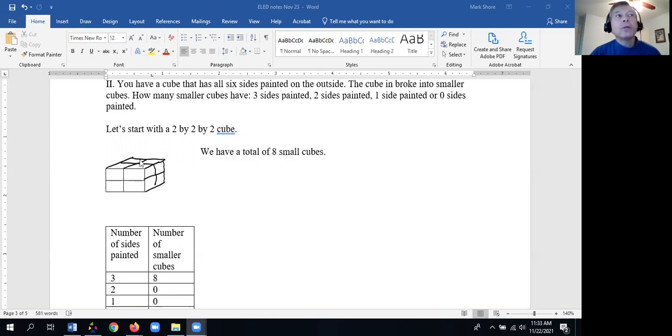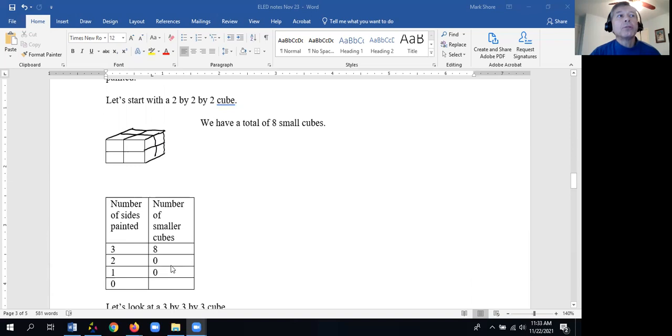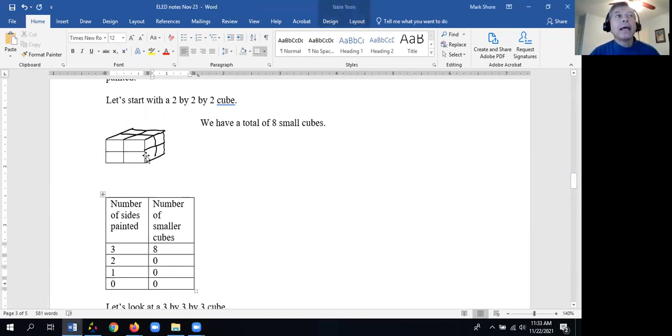And so do all the ones in the back. All cubes have 3 sides painted. There are no cubes with 2 sides, 1 side, or 0 sides painted. I'll see if I can find a better picture of that.